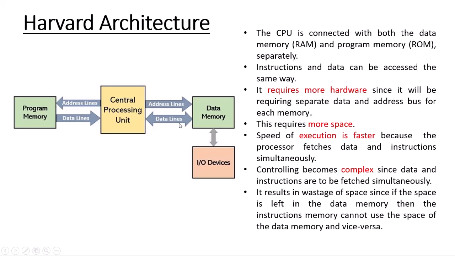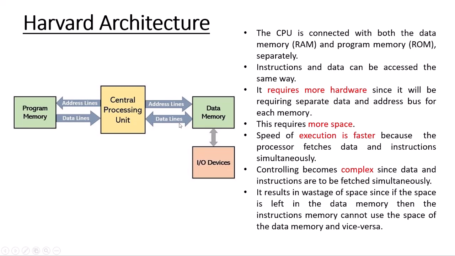The advantage of Harvard architecture is that it is faster for the given circuit complexity because it offers a greater amount of parallelism. The disadvantage is that it requires more hardware. Obviously it has two memory units, so it requires more hardware to access the two memory units.